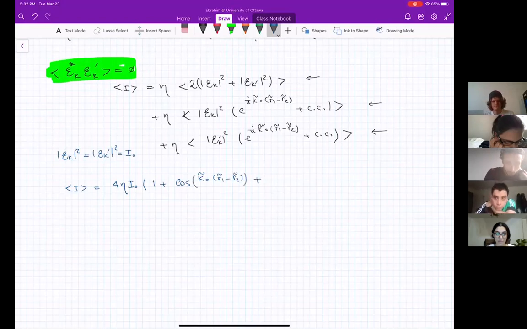From the second one, I will get cosine of k prime dot (R1 minus R2). Okay, this is essentially what we will get. There is a factor of 2 which I have taken out and put in the 4 pi.